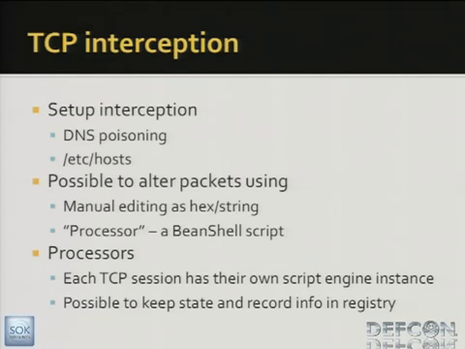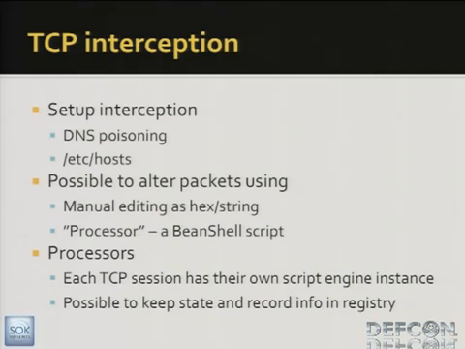So, TCP interception. We provide the possibility to intercept TCP traffic within this project. We provide two ways of doing it: manual interception, where you intercept the packets and get an editor where you can edit the packet. We also have a scripted possibility, where you have different processors.